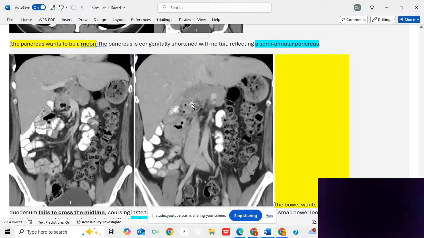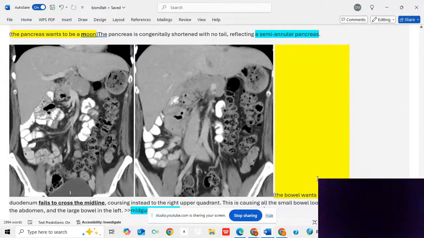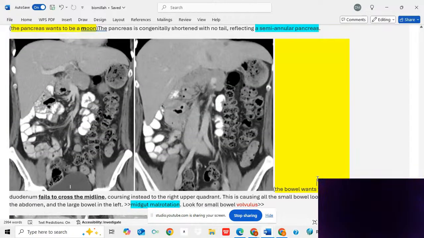No, the third part of the duodenum doesn't want to be horizontal. It wants to be vertical like this, okay? So the third part of the duodenum fails to cross the midline, and instead it's seen coursing to the right side, or the right upper quadrant.